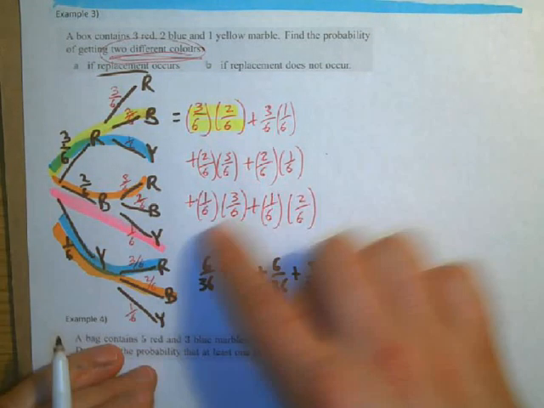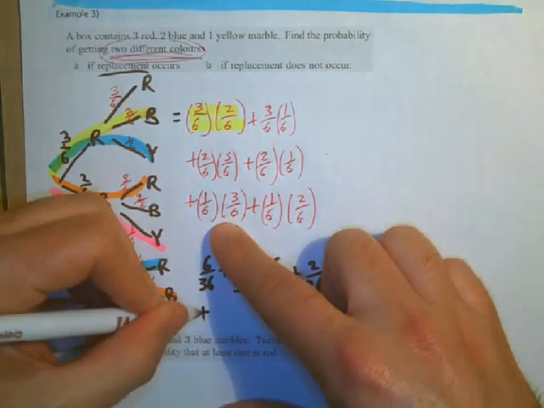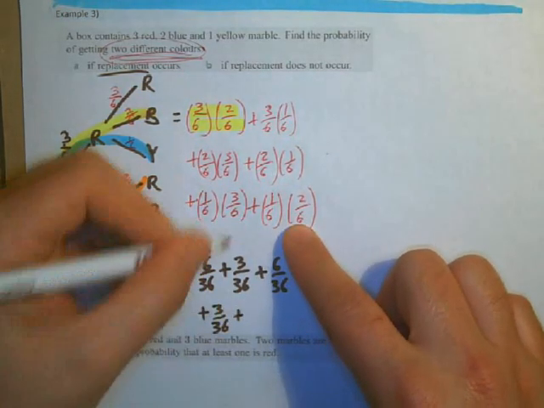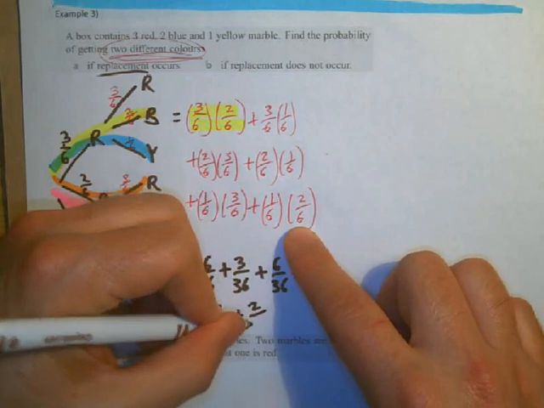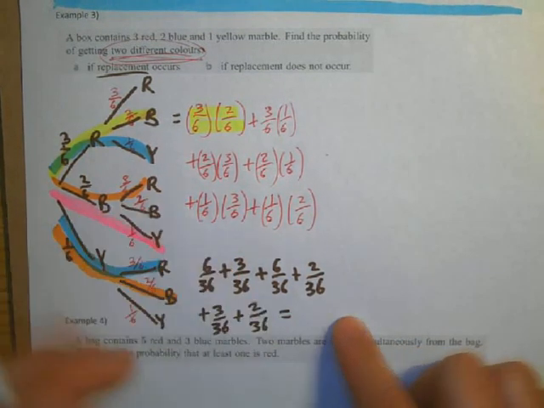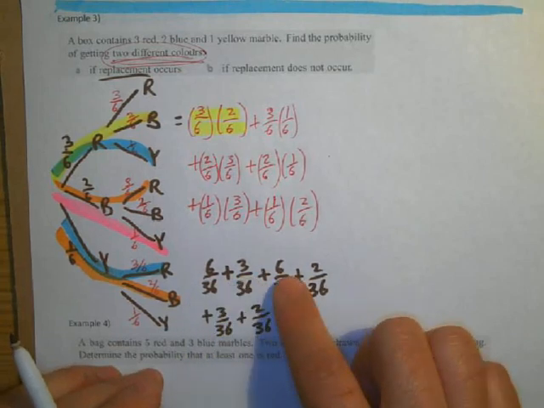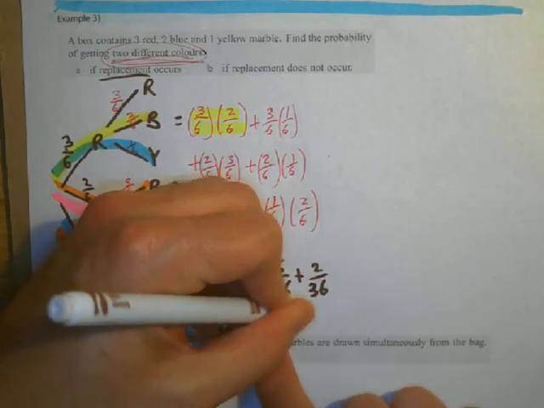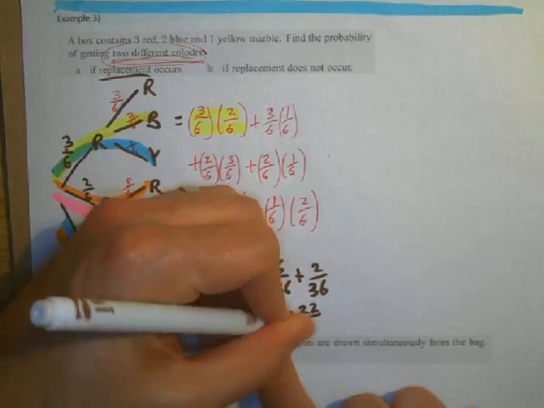The next one gives me 3 out of 36. And the last one gives me 2 out of 36. And all of that adds up to 6 and 3 is 9, 9 and 6 is 15, 17, 20, 22. 22 out of 36.